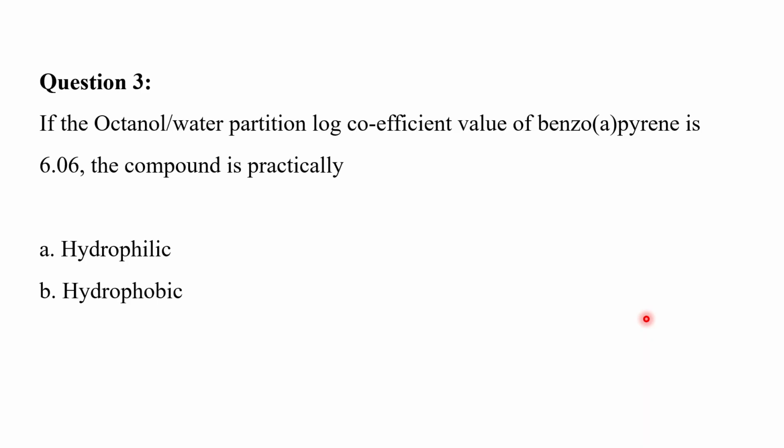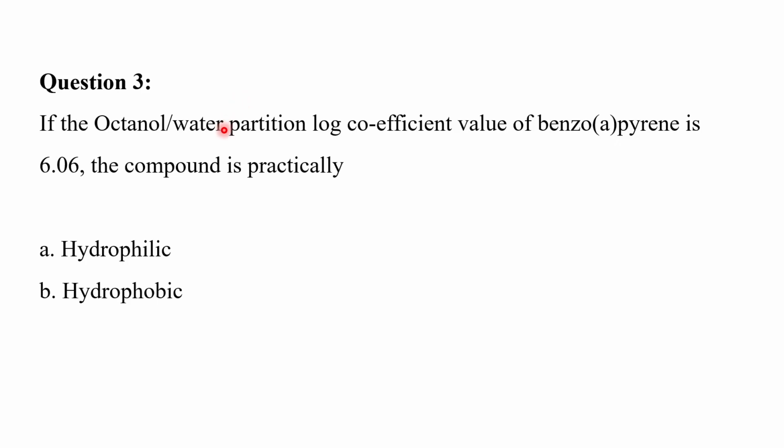Now, the log of the octanol water partition coefficient determines whether a compound is hydrophilic or hydrophobic. So what is the octanol water partition coefficient? It is nothing but the concentration of a particular compound in octanol versus the concentration of that compound in water.